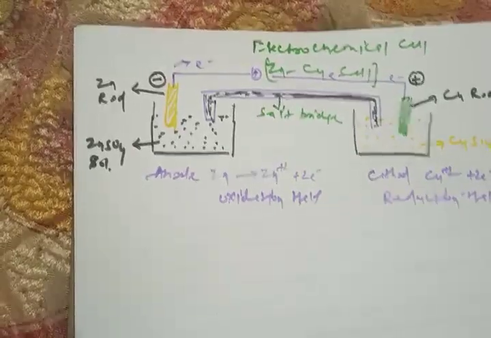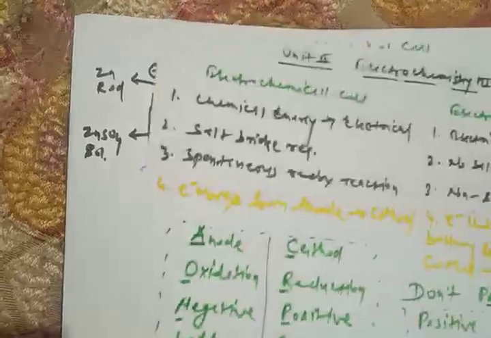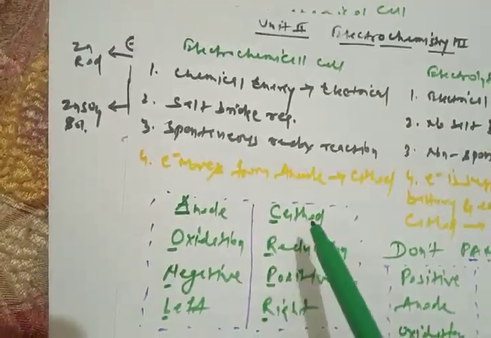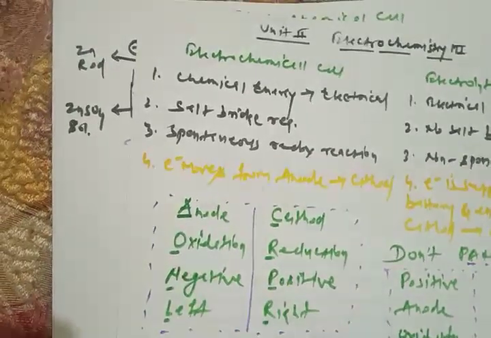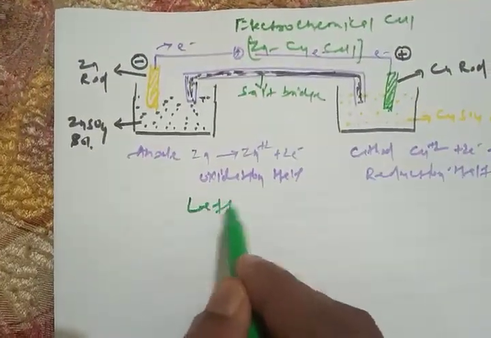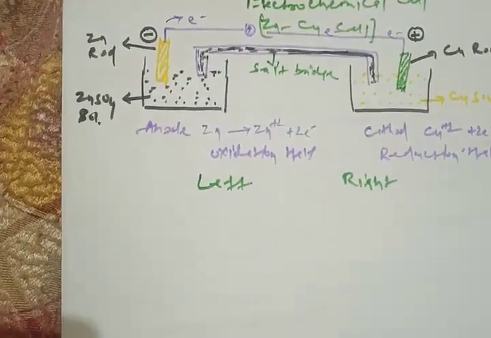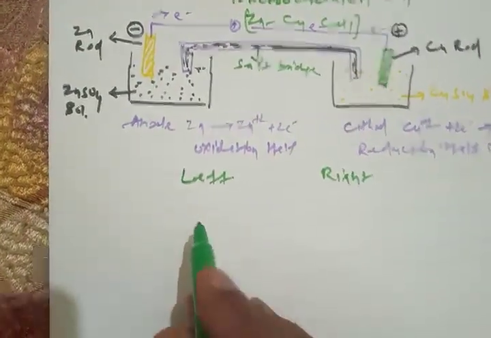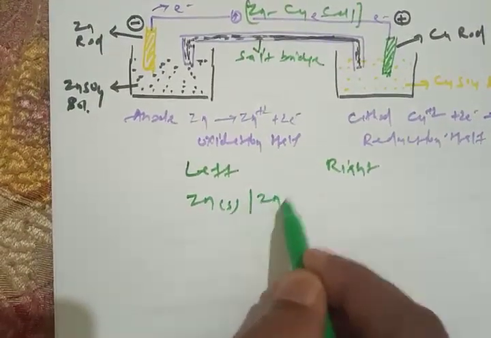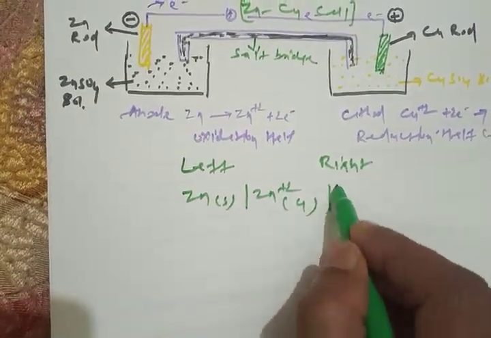So finally we can write the complete cell reaction. The left hand side is the oxidation part and the right hand side is the reduction part. On the left side, oxidation happens, so we write zinc solid, then zinc plus 2 with concentration C1 in aqueous solution, and then the salt bridge.